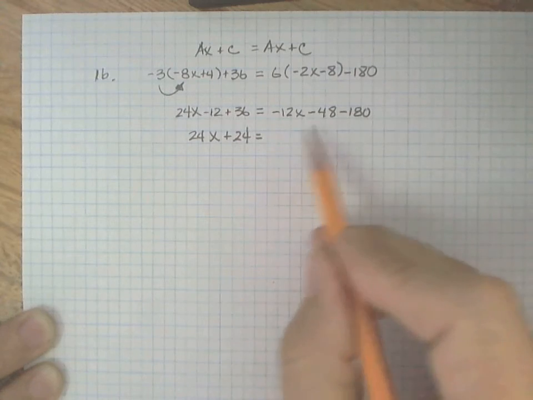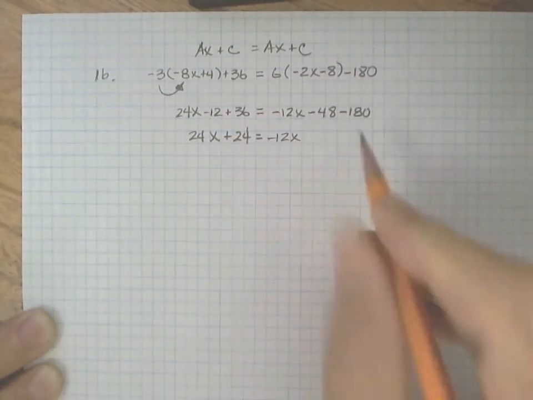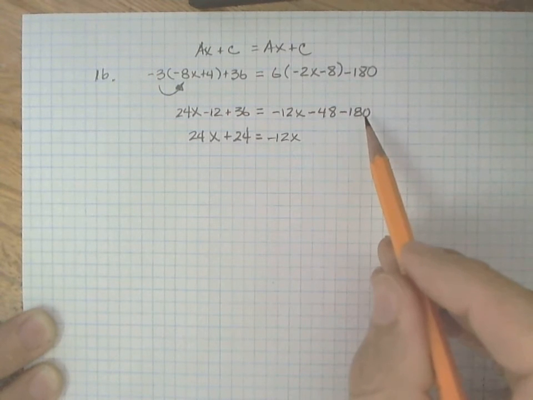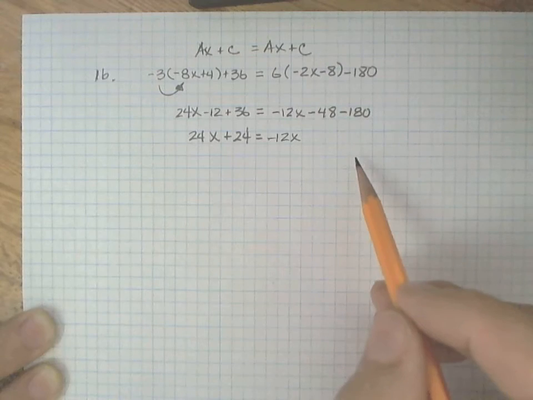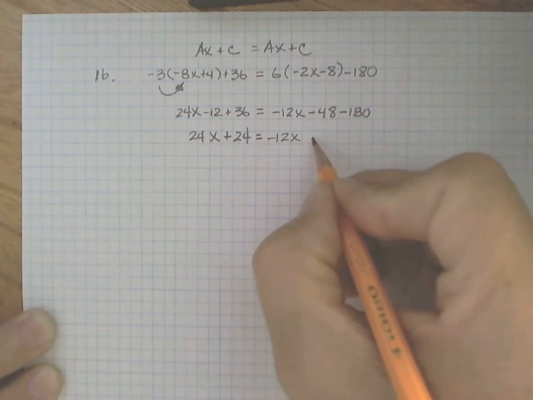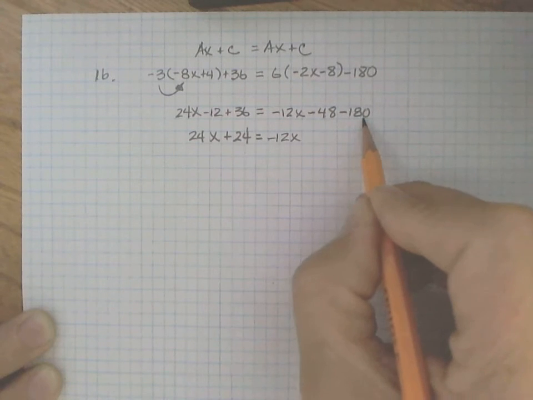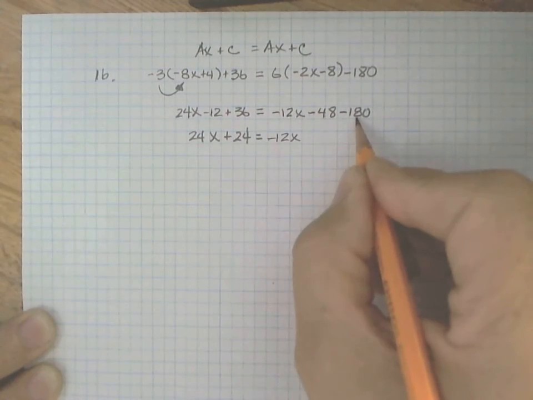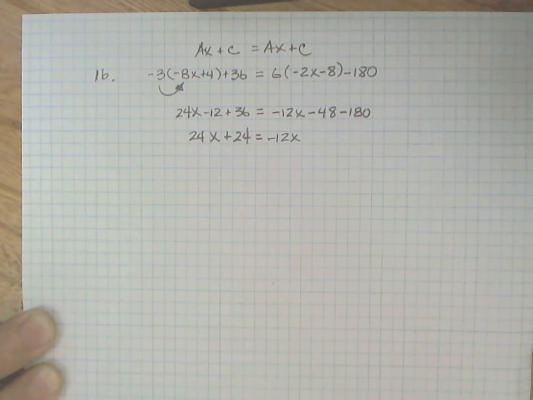And then on this other side, I have a -12x. And then a -48 plus 180 would be, what, 132. But no, it'd be a -228, because both of these are negative, so I add them together, so that'll be a -228.